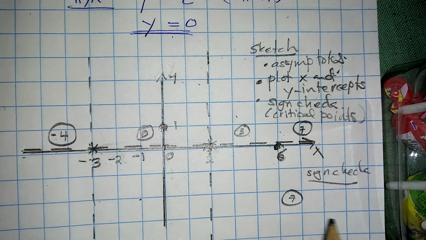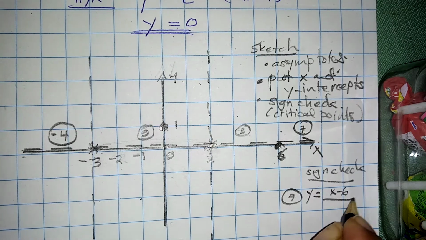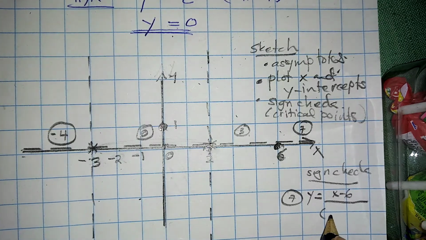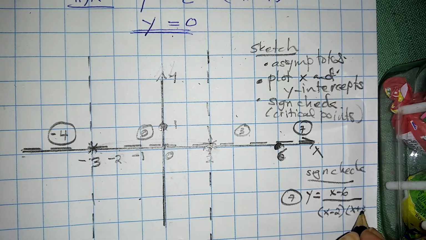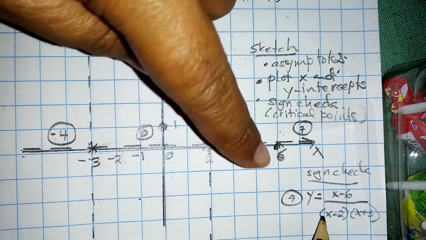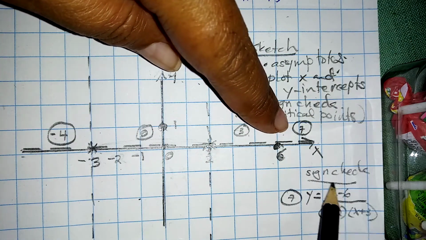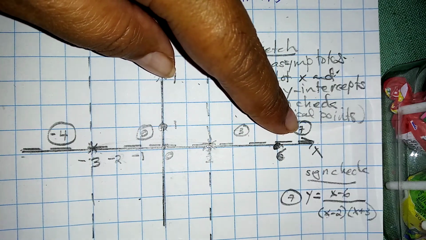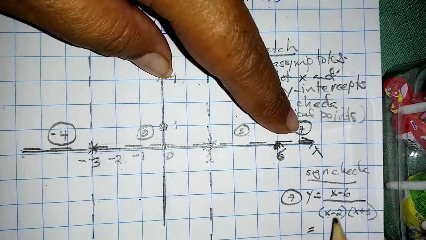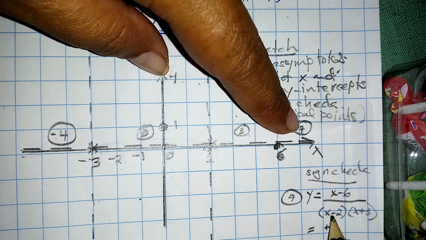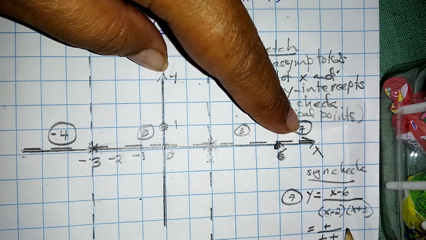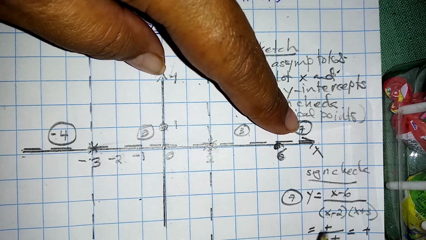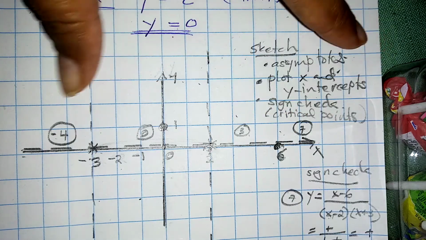So what you do with 7, you go back to the function and you replace the number 7 into the expression. Instead of x, you put 7 here. 7, 7, 7. If I put 7 here, it becomes positive. In the denominator, positive, and then another positive, and then you get a positive answer. Or else you just press the calculator and see what your answer is.